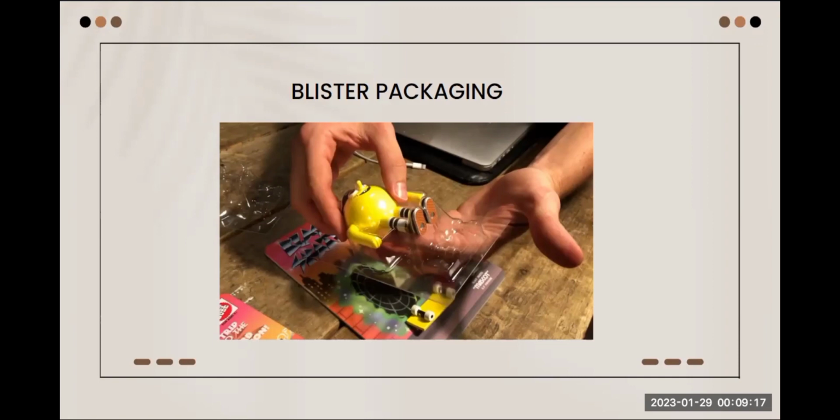Nagkakaroon ng molding katulad ng nasa picture na laruan. Nagiging mold yung mismong balot niya. Kumbaga yung mismong product ay yung mismong balot niya. Next po.